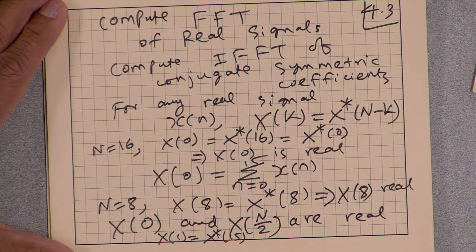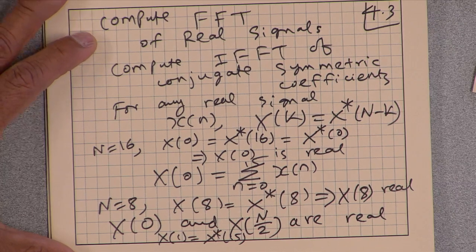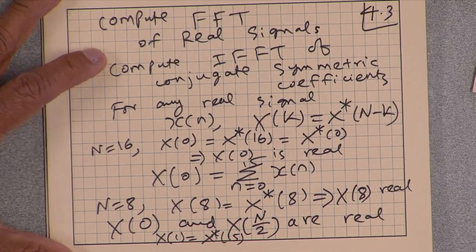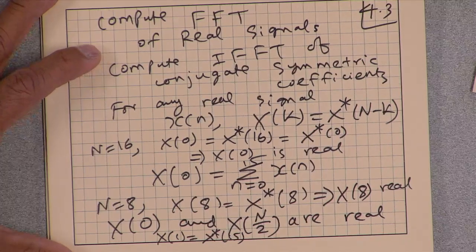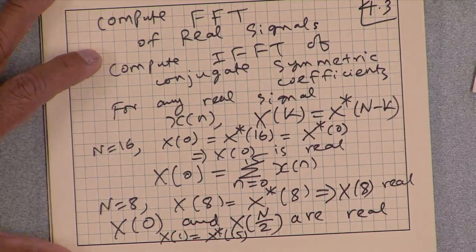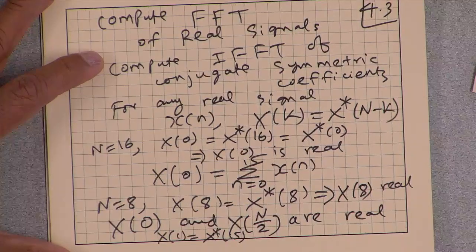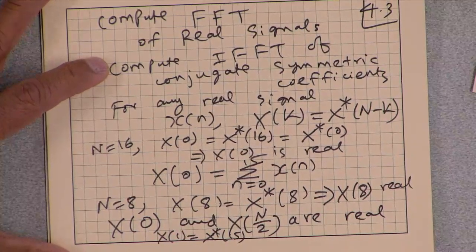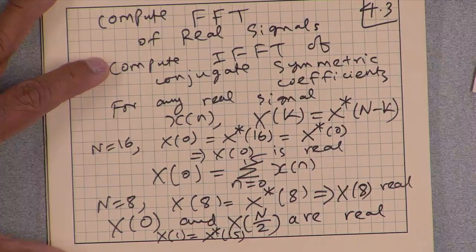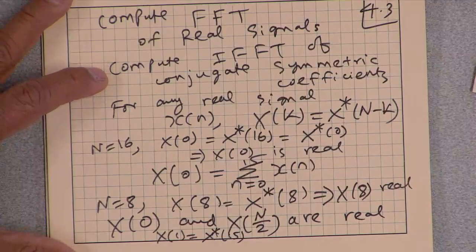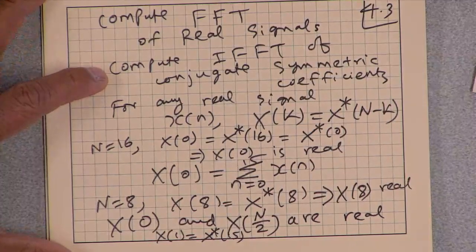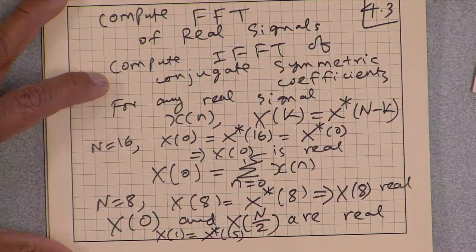A lot of the times, if you are monitoring a biomedical signal or some signal that is real, then using the complex FFT is not the best way because it's not optimized. How many of you have come across a way to compute the FFT of a real signal before the 2009 paper that we wrote?